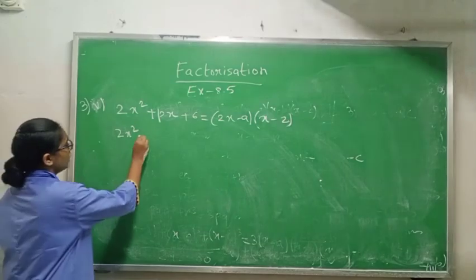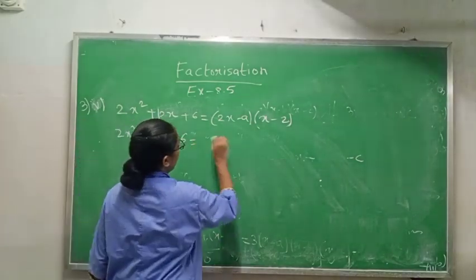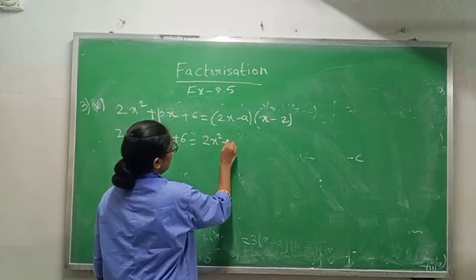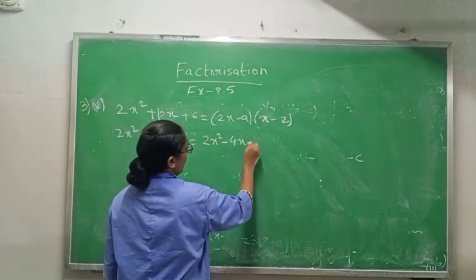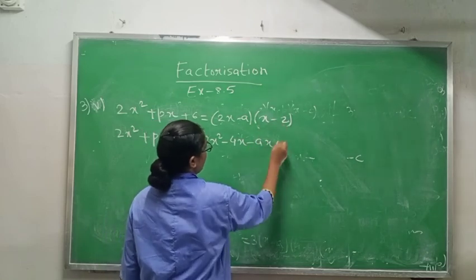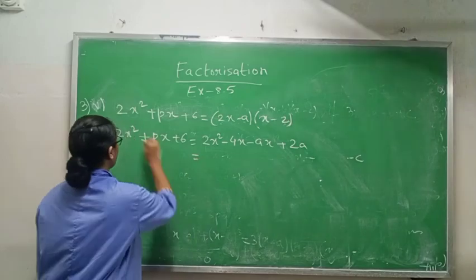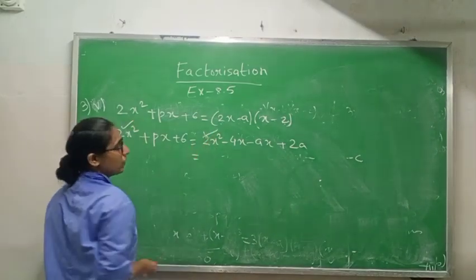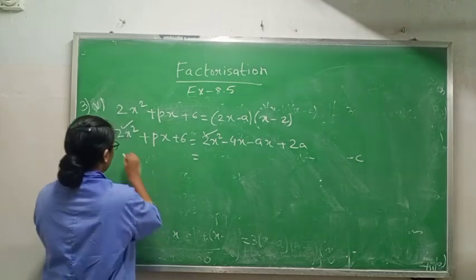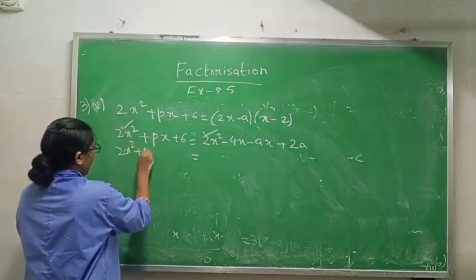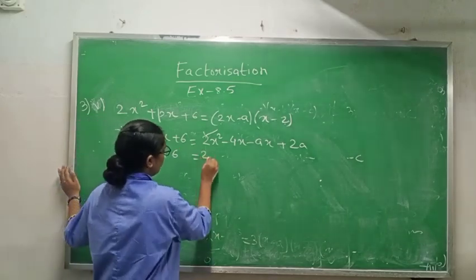First, in the RHS I will multiply: 2x into x is 2x square, 2x into minus 2 is minus 4x, minus a into x is minus ax, and minus a into minus 2 is plus 2a. Now you can see 2x square is the same on both LHS and RHS.